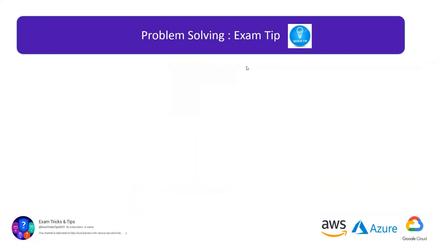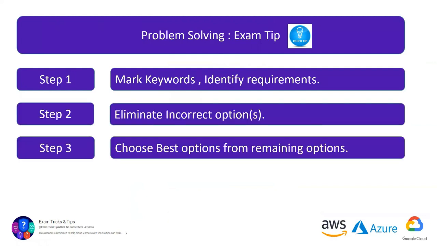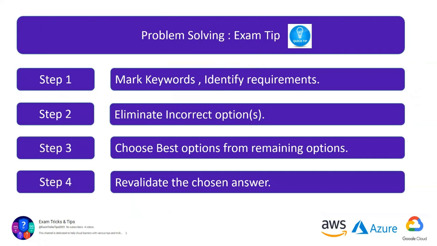And before we jump into the actual questions, a quick recap of problem solving. This is the exam tip. How are you going to solve the problems? First, read the question, identify the requirements and mark the keywords. This will focus you on the real requirements.